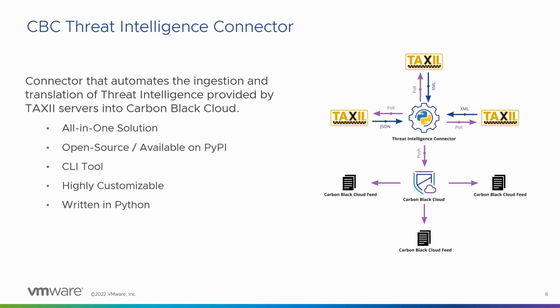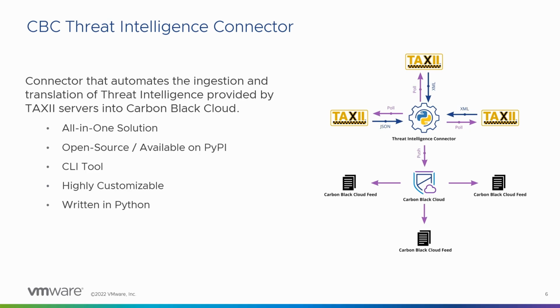So on the picture on the right, we can see the threat intelligence connector. In this case, it sits in the middle, and it has 3 TAXII servers. The threat intelligence connector can pull each of the 3 of them for threat intelligence data, and you can see that each TAXII server is returning a different kind of information. On the left, you can see the TAXII server is returning JSON.